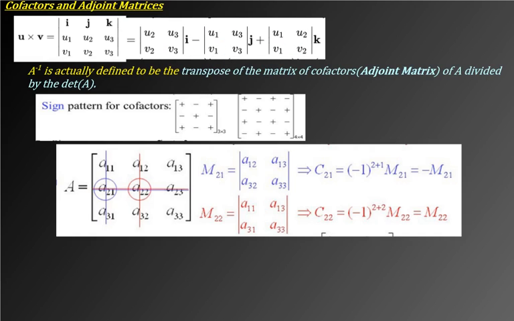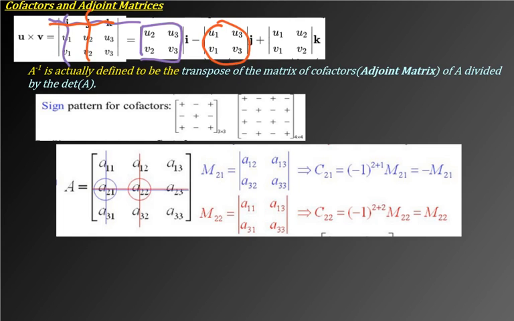A cofactor, simply put, is the thing you get when you cancel out a column and a corresponding row. That matrix that's left over from the cross product is a cofactor. If you cancel this one, the matrix that's left over is a cofactor matrix.